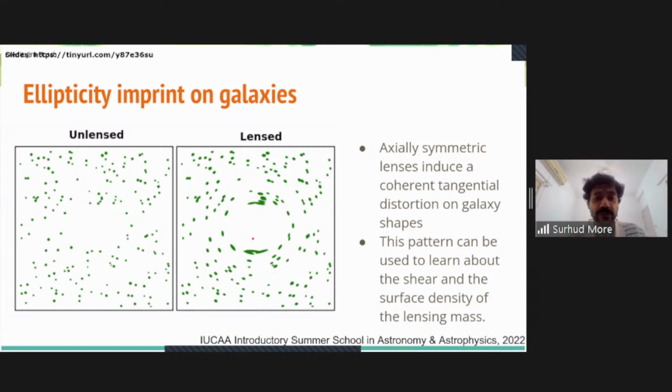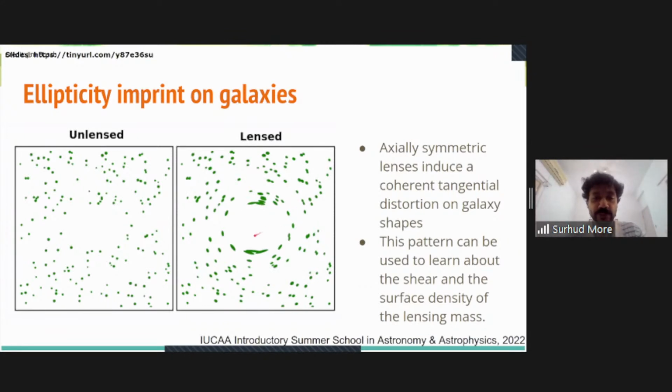The first thing that jumps out is that if you are closer to the center, the distortions that you get are larger, right? This we knew, this was obvious. Nearer to the cluster center, you used to get big arcs. Right? So you can see as you're closer to the cluster center, you get these larger distortions. And as you move further away, the distortions are smaller.